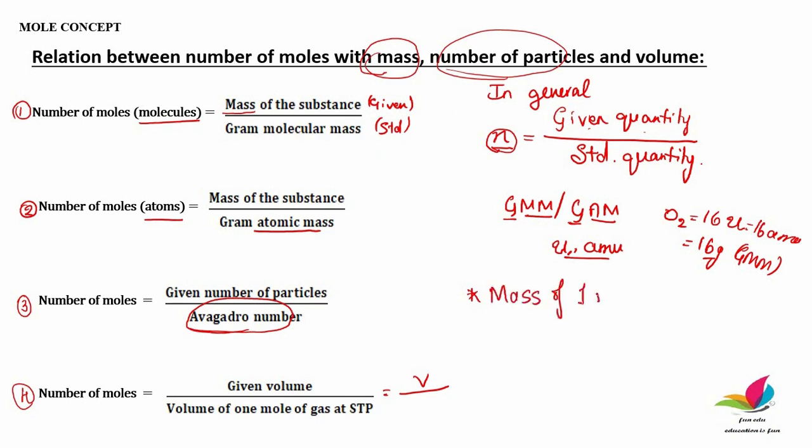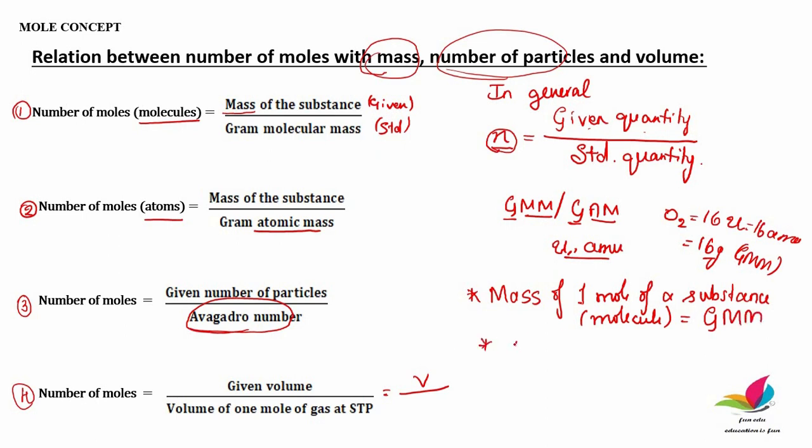Mass of 1 mole of a substance. Okay, so when I say substance, it means molecule. Okay, not an atom. Mass of 1 mole of a substance will be equal to gram molecular mass.